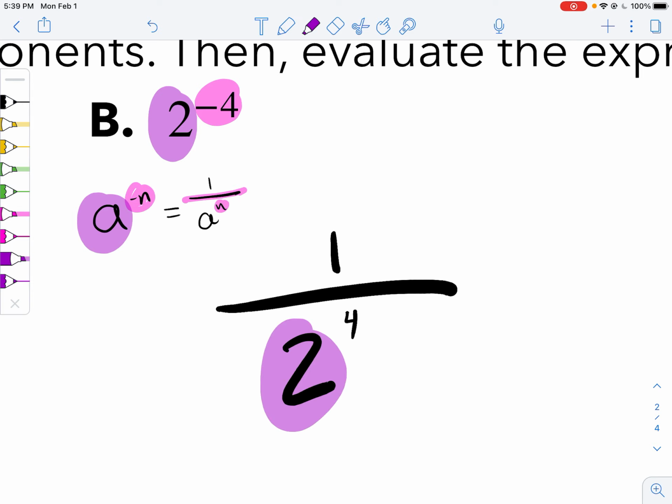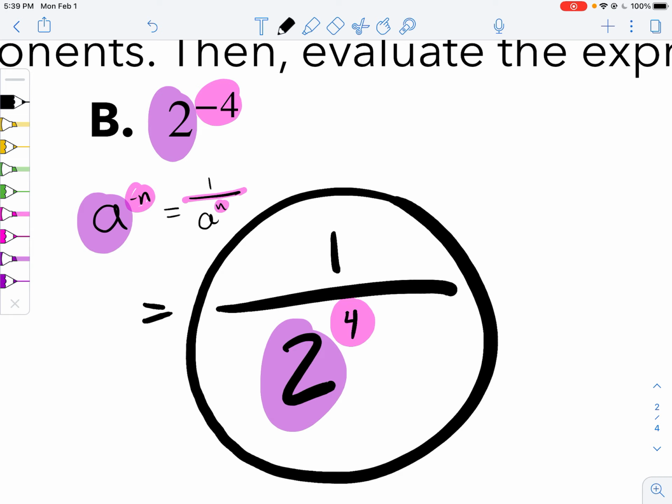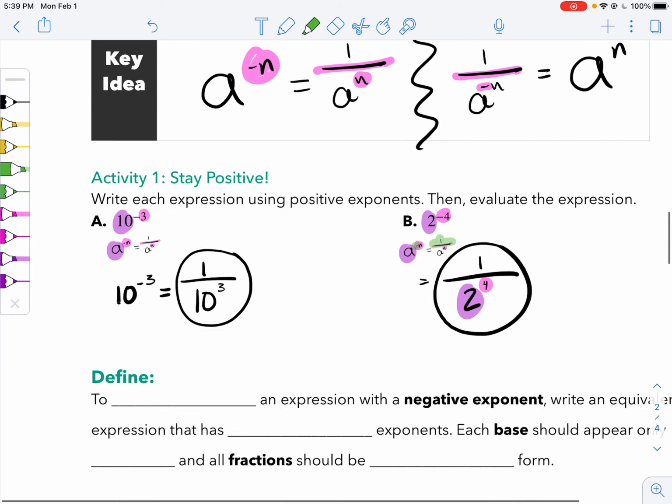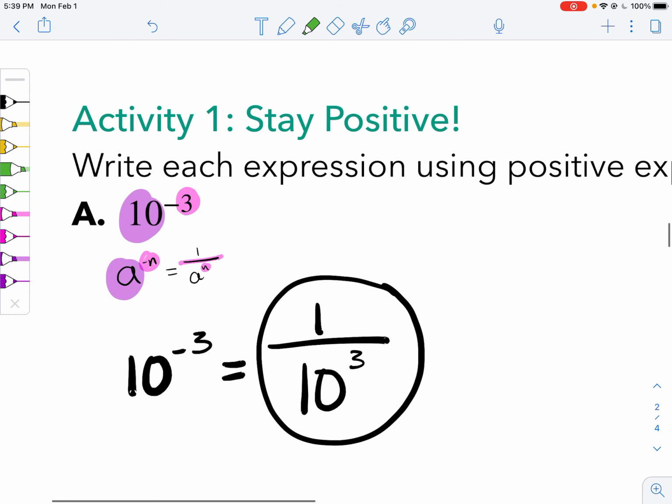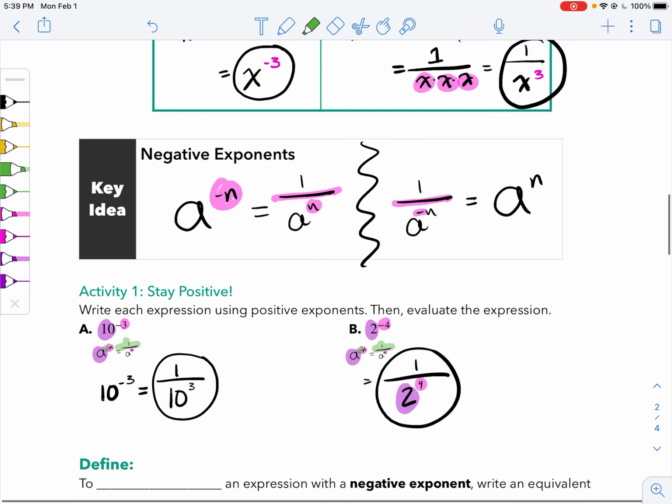We just take our 1 over, and then we put the base in the denominator, because 2 is our base, right? So when you see this negative sign right here, think 1 over, and that's what the negative in your exponent is all about. This negative means 1 over.